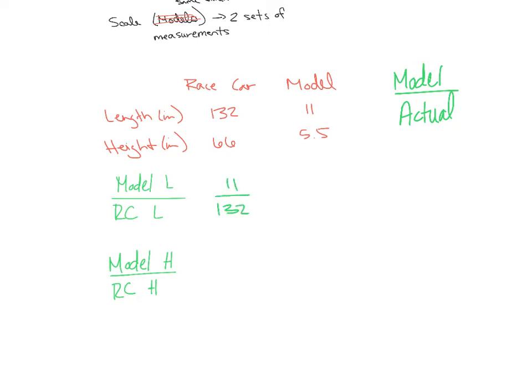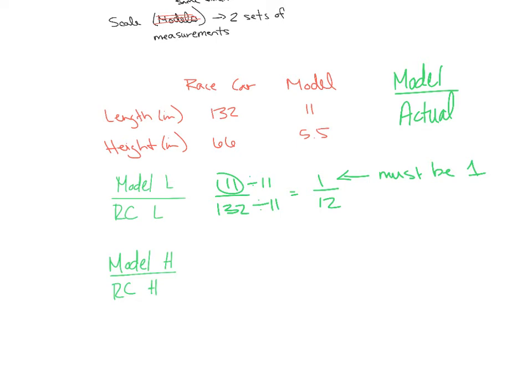The biggest number that goes into both of those is 11, so we divide this by 11 and this by 11, and we get 1 over 12, okay? And actually, we're just dividing it by this number because we want this number to be 1, okay?